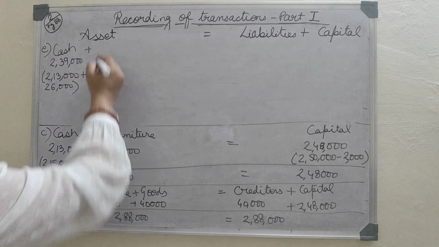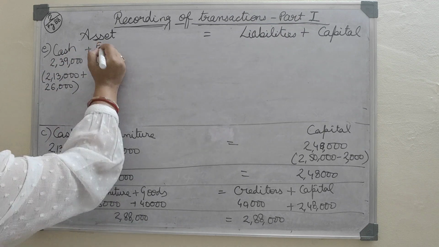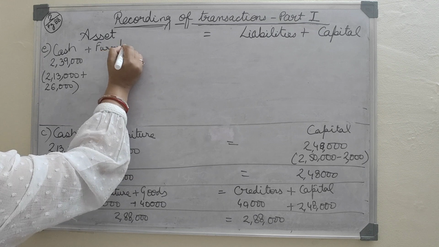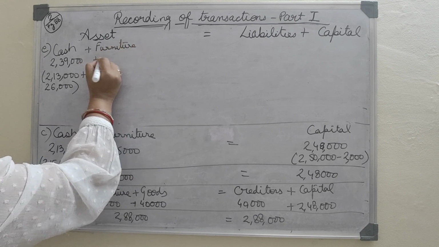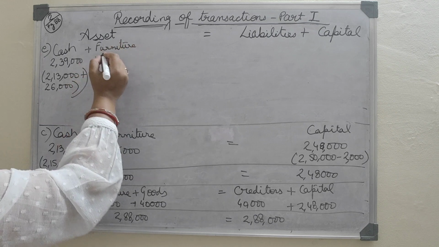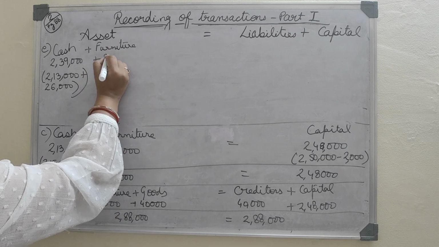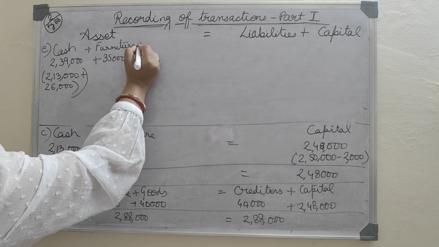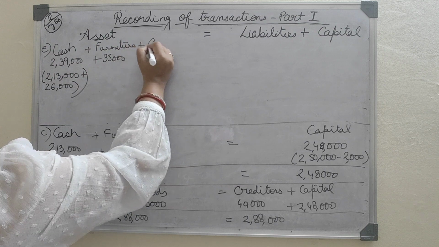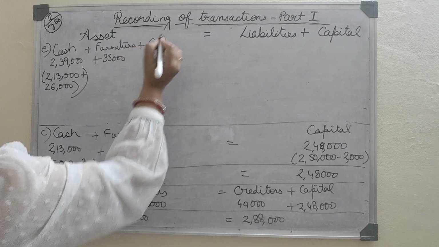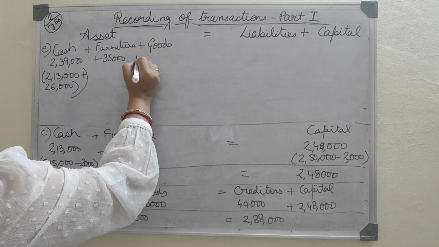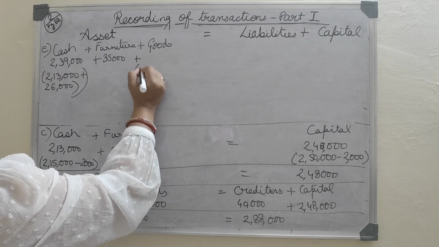Over here furniture is not affected. Furniture remains the same, 35,000. Goods will be affected, right? For how much were the goods purchased? 40,000.